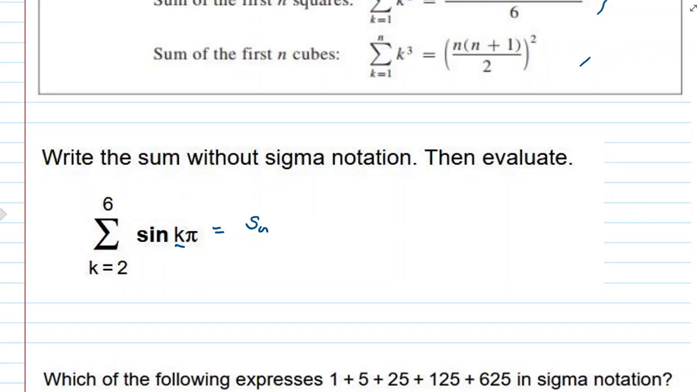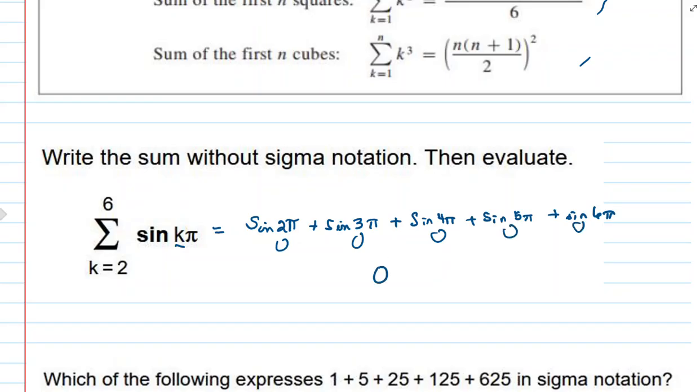So I would have sine of 2 pi plus sine of 3 pi plus sine of 4 pi plus sine of 5 pi and sine of 6 pi. Well, any multiple of pi, sine is going to be what? 0. Thank you. So the summation is 0.